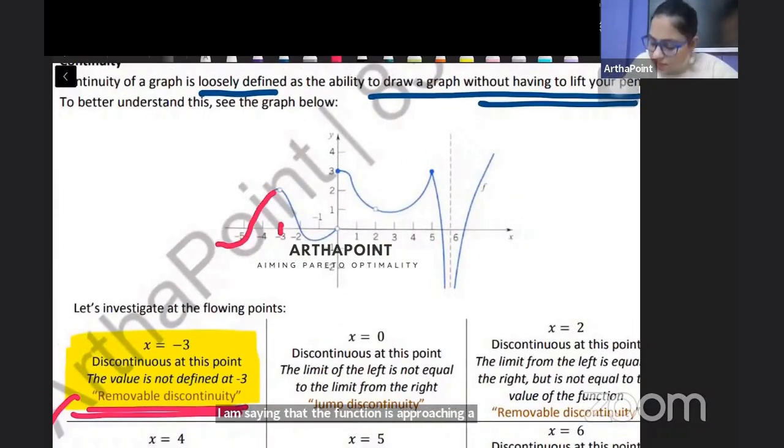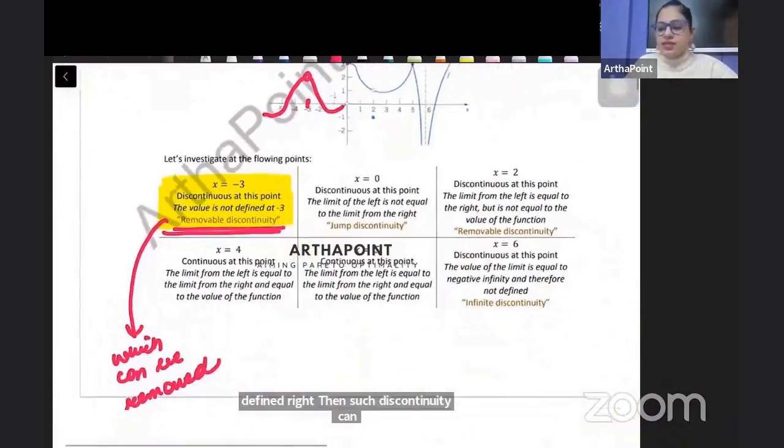So then at -3, the function value is not known to us. I have drawn a circle and then again the function is defined, right? Then such discontinuities can be removed and this is called as removable discontinuity.